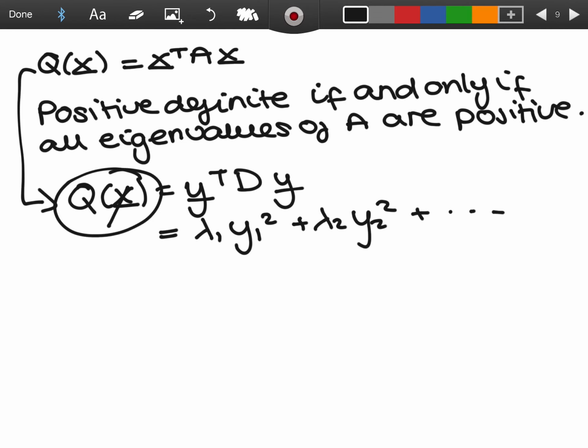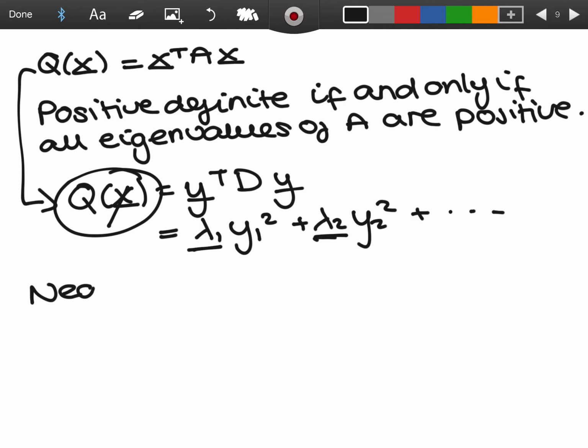So this thing here is going to be positive all the time as long as each one of the y's or x's doesn't equal 0. It's going to be positive as long as each of your coefficients, being the eigenvalues, is positive. So it's positive definite if and only if all the eigenvalues are positive.